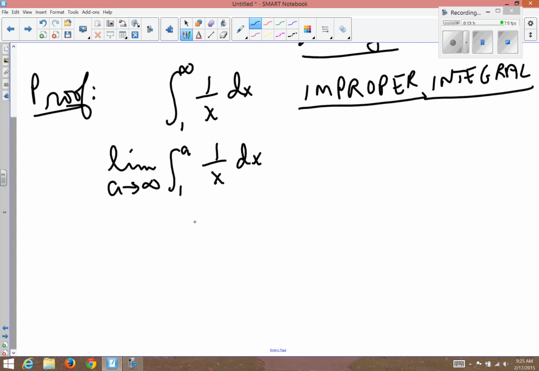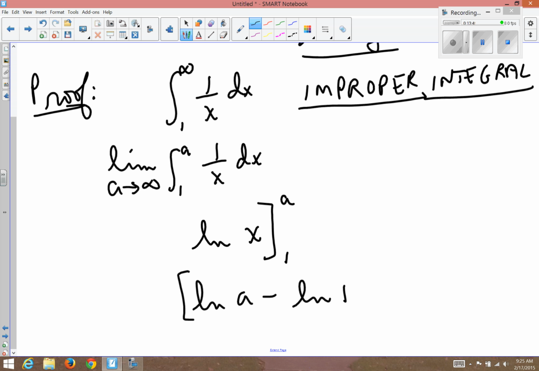The integral of 1 over x dx is the natural log of the absolute value of x. I'm leaving out the absolute value because I know the x values are all positive. It starts at 1 and goes to infinity. No absolute value necessary. And instead of plus c, we put a bracket with these attachments, which means the natural log of a goes in place of x minus the natural log of 1.